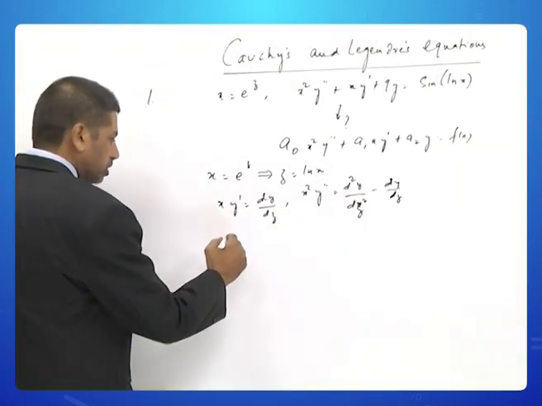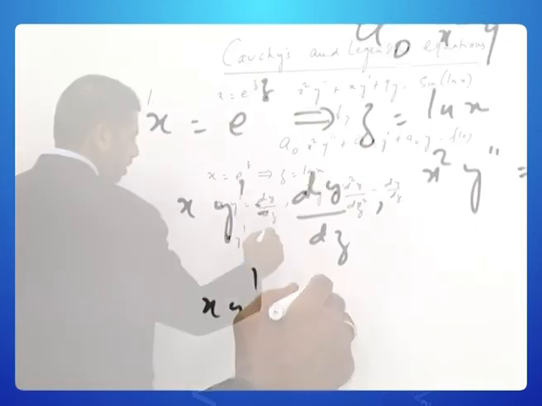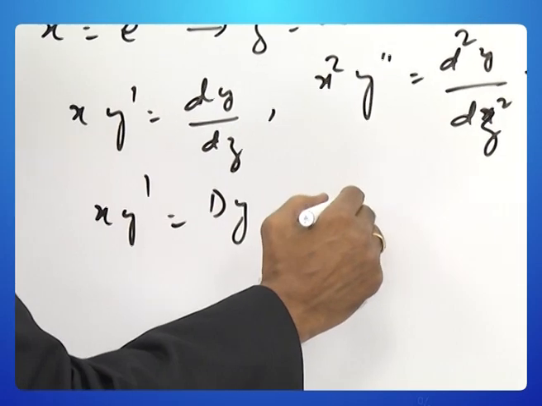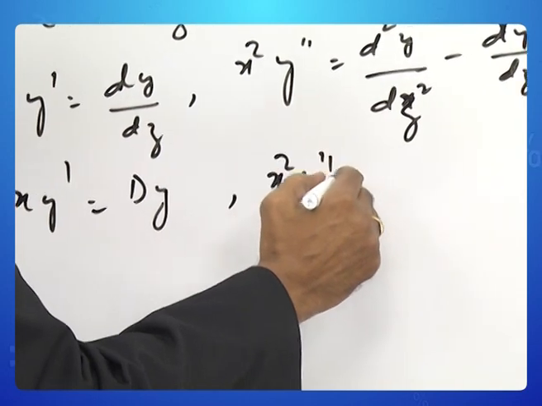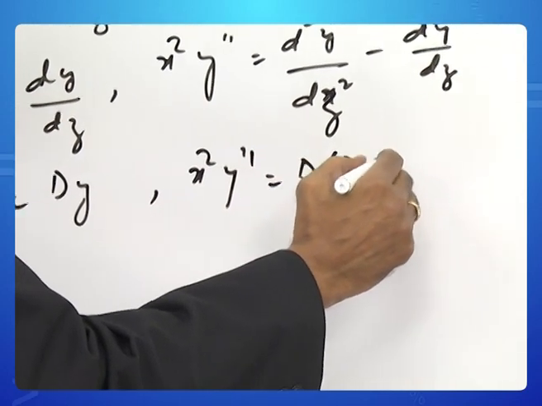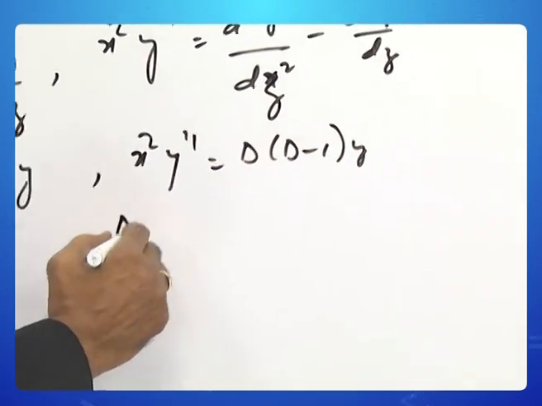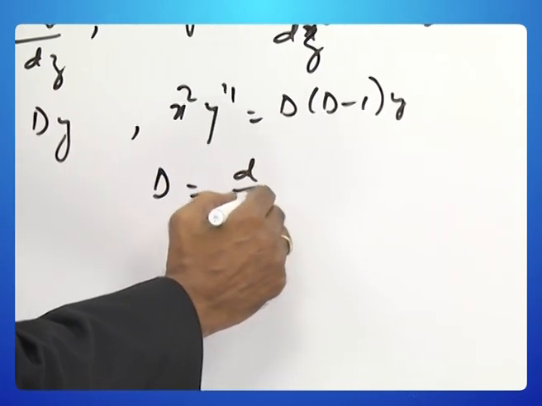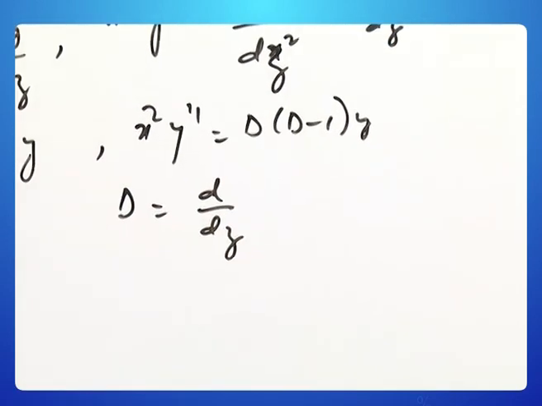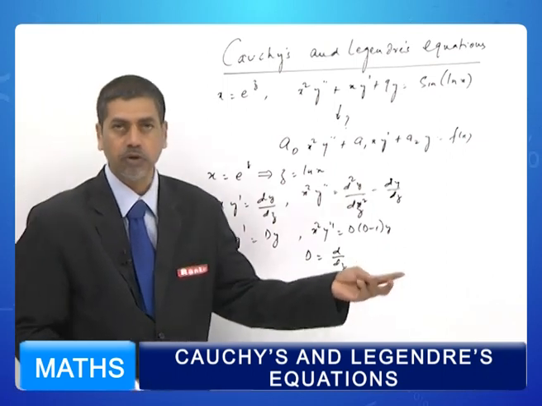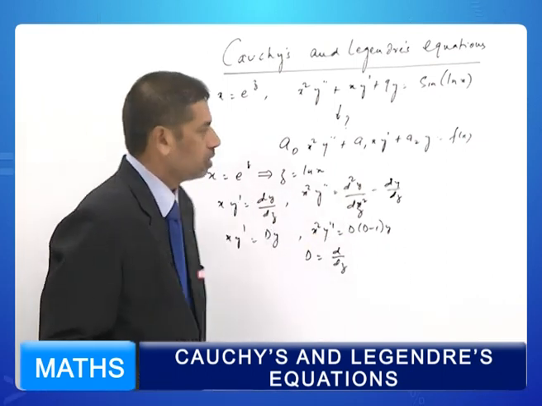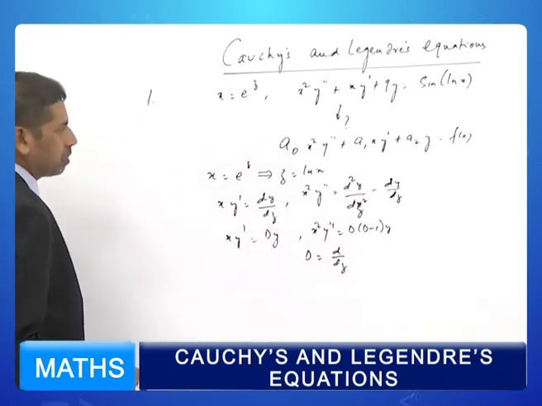In simple notation, we can write this as xy dash is equal to Dy and x square y double dash is equal to D into D minus 1 y, but we must be careful to know D is d by dz. That means there is a change of the independent variable from x to z.